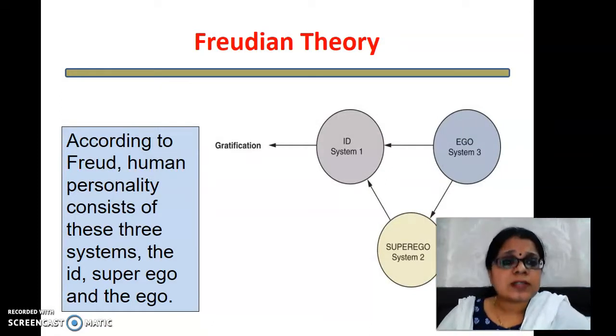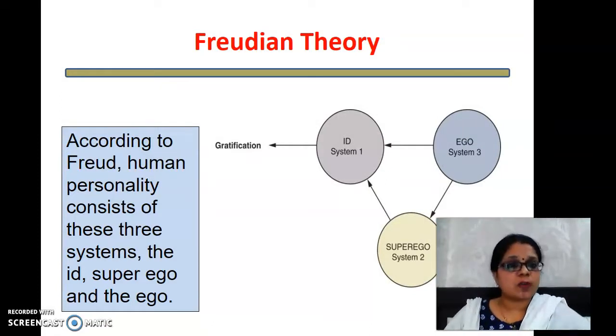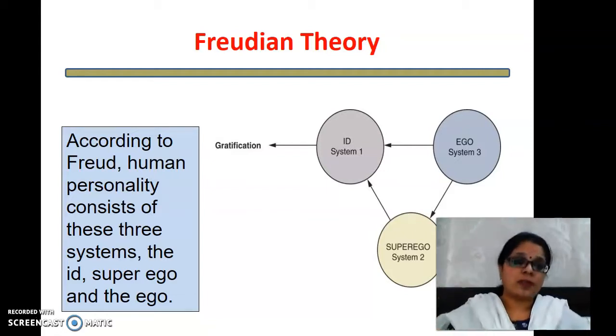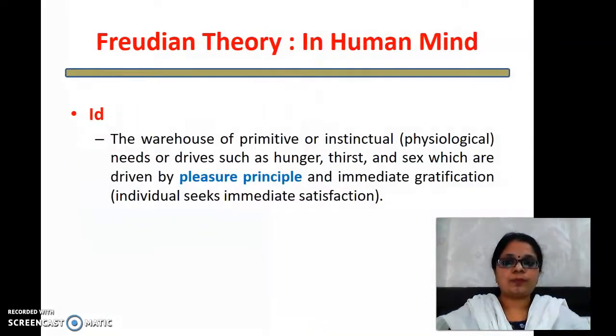Freud says that human personality, because of these stages, consists of the id, ego and superego system. The first system is known as id, the second is superego, and the third is ego. What is id? I think you must have learned this in your previous classes on organizational behavior.